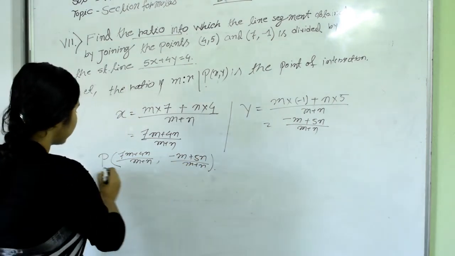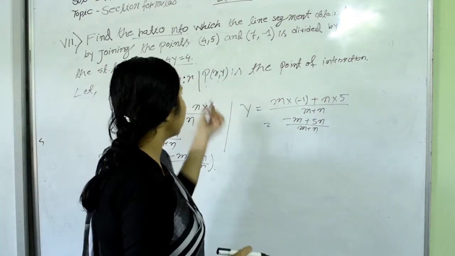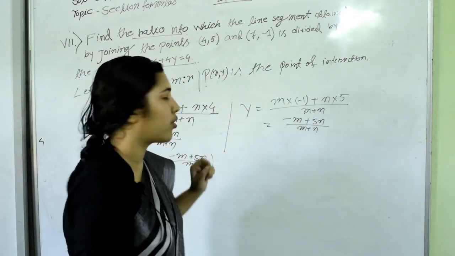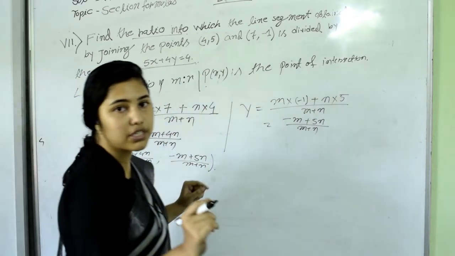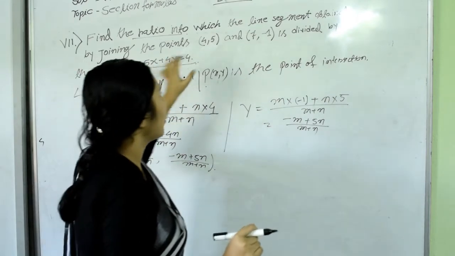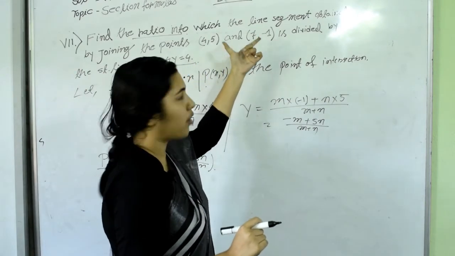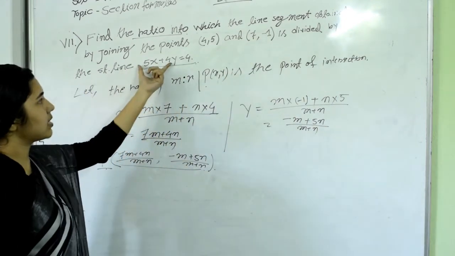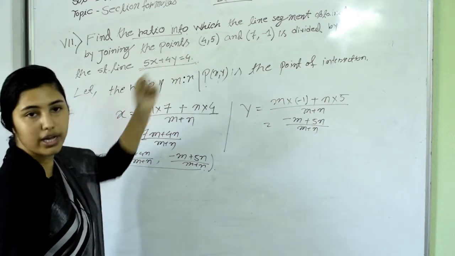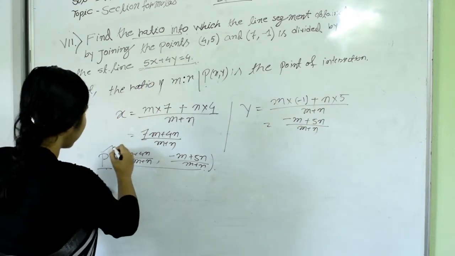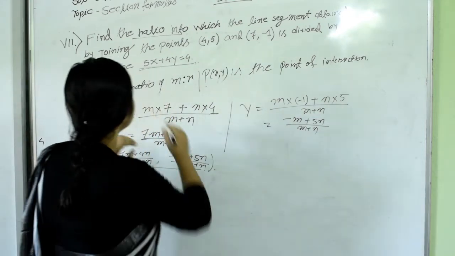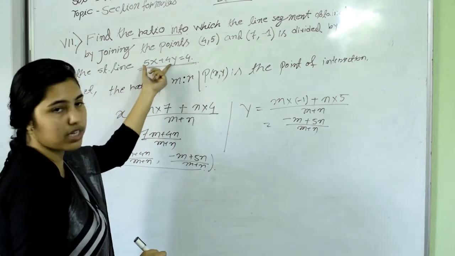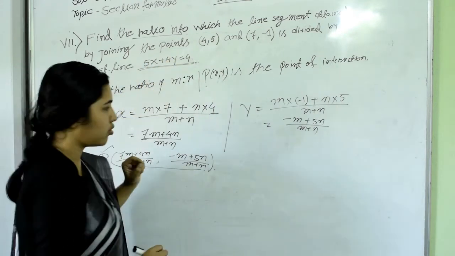Okay? Now this point P also lies on this straight line 5x + 4y = 4, because P is the point of intersection of this straight line and the line segment of these 2 points. So this point P also satisfies this equation 5x + 4y = 4.